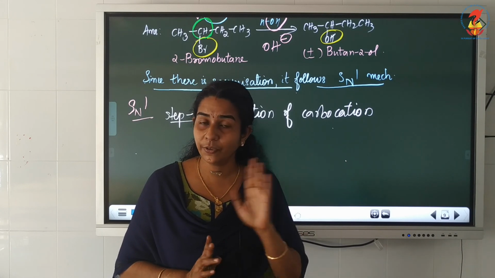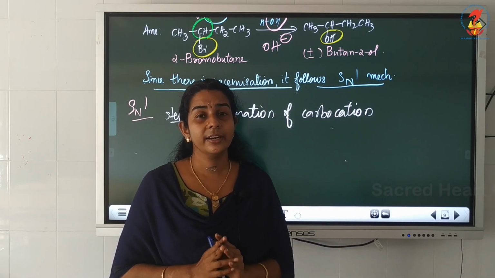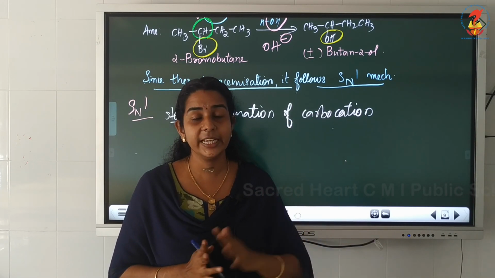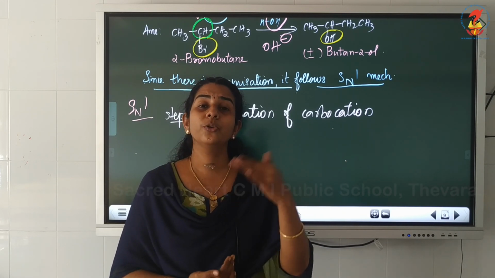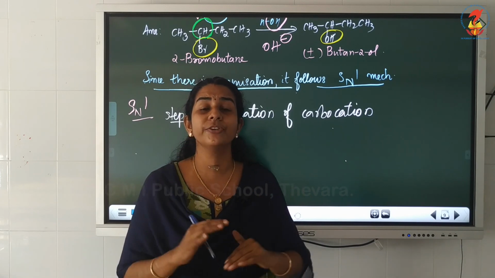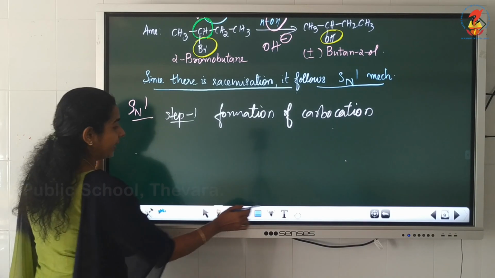But in SN1, leaving of halogen takes place first. That means breaking of the C-X bond is the first step, and only in the second step the nucleophilic attack takes place. So both take place as 2 different steps. Okay. So here step 1 is formation of carbocation.